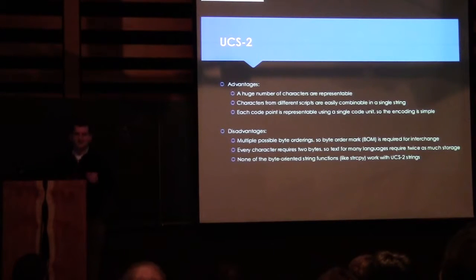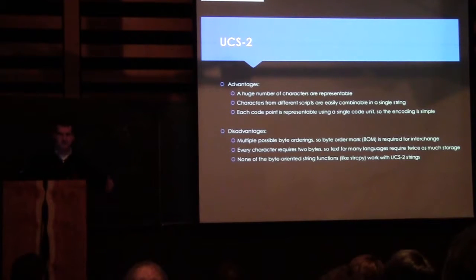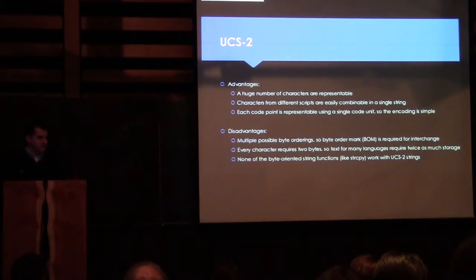The question was whether the byte order mark goes at the beginning of every string or just at the beginning of every file. It goes at the beginning of the file, or whatever unit you're using for transferring data. So if you're sending data across a socket, you'd send it before you send any Unicode text. The Unicode specification says that if there's no byte order mark, you should assume that it's big endian. Though on some systems that may not make sense. For example, Windows uses little endian by default.